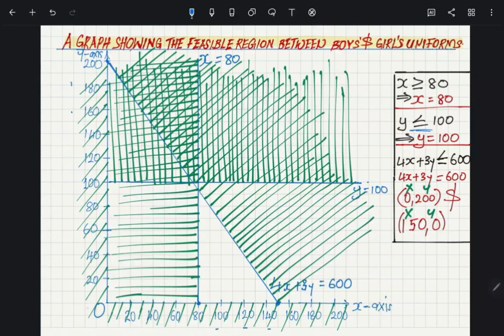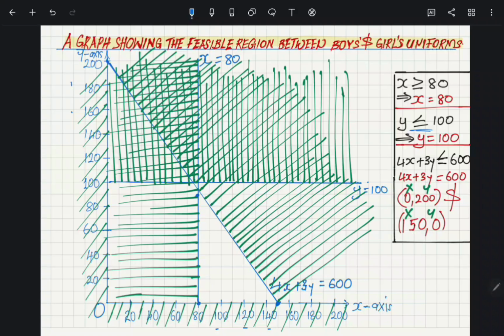That is, the point of 80 on x-axis and 0 on y-axis, and then also 150 on x-axis and 0 on y-axis, and also this point here, which is 80 on x-axis and 90 on y-axis. And then there was also another point that I had found. I don't remember that point, but I'm going to tell you when I remember it.